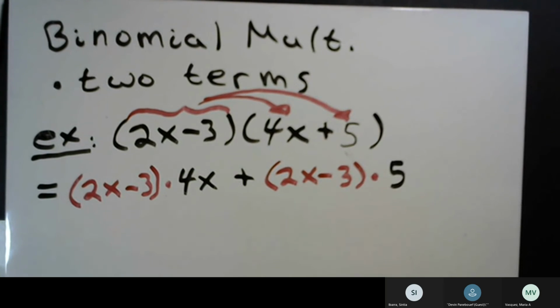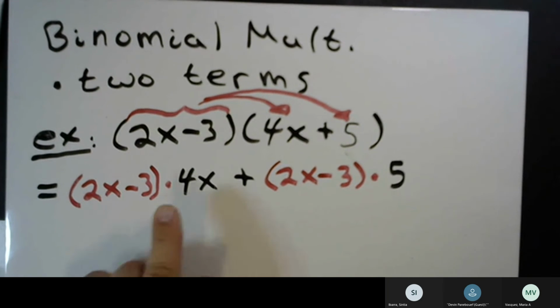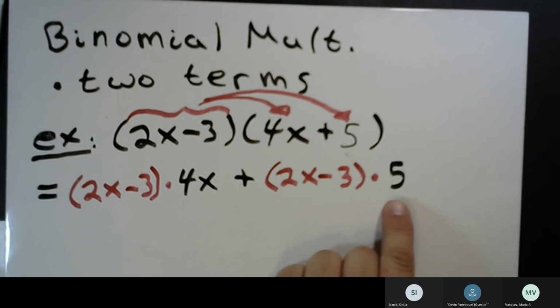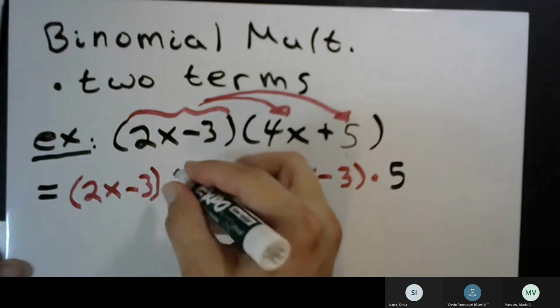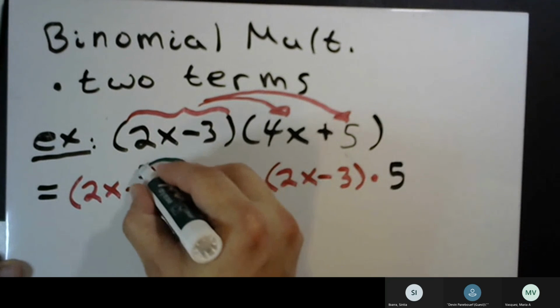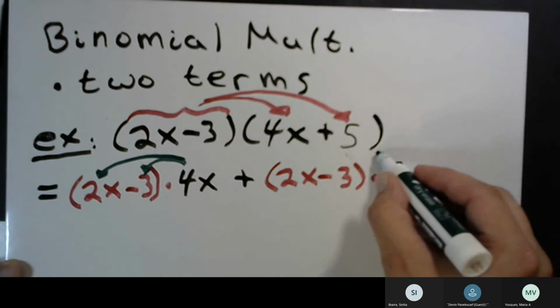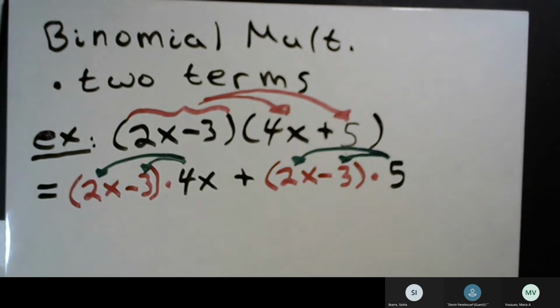Well, now what do we do? Now, this is actually a familiar situation that we're in. We're going to distribute the monomial to each term in the parentheses. Same thing here. We'll distribute this to each term in the parentheses. So this will distribute in like that. This one will distribute in like this.